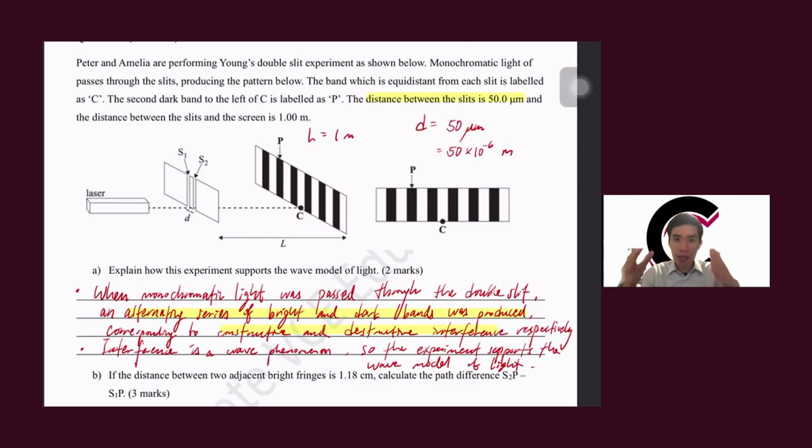But now you're observing this interlacing pattern, bright and dark, that implies there must be interference, because that's constructive and destructive to form these bands. And the next point you're going to talk about is that interference is unique to wave phenomenon, and therefore the experiment supports the wave model of light, not the particle one. Okay, so that's 2 marks. All right, 2 marks in there.